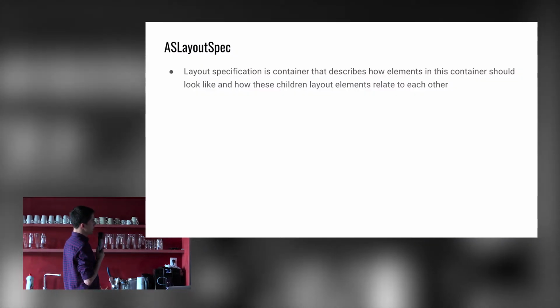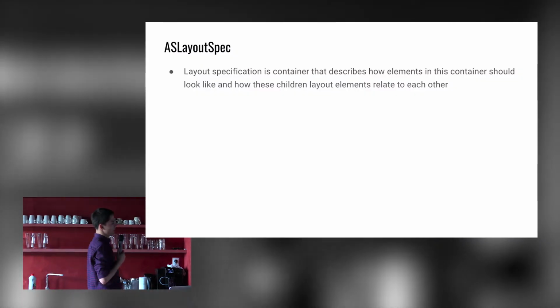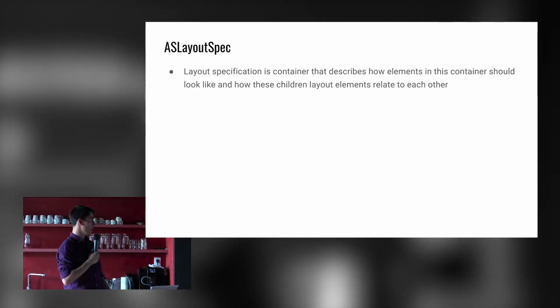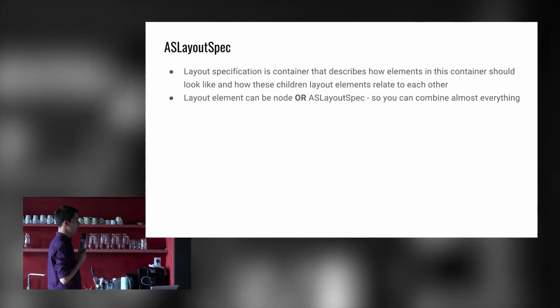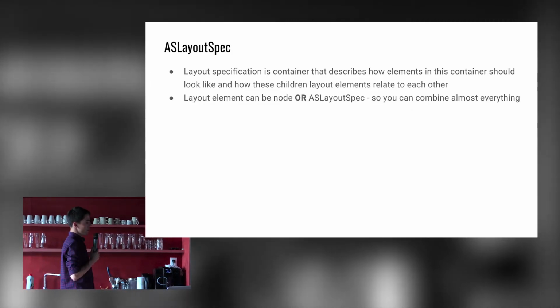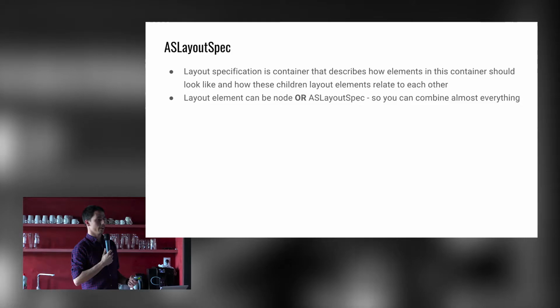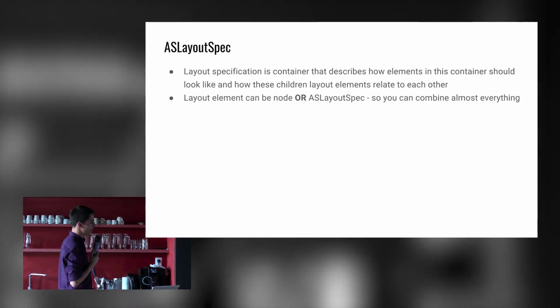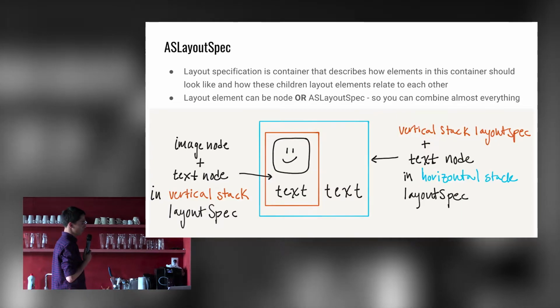A layout specification is a container that describes how the cell or view or container or anything should look. And as a layout specification, it can be more nodes or one or more specifications together. It sounds complicated, but if you see an example, it will be easier.